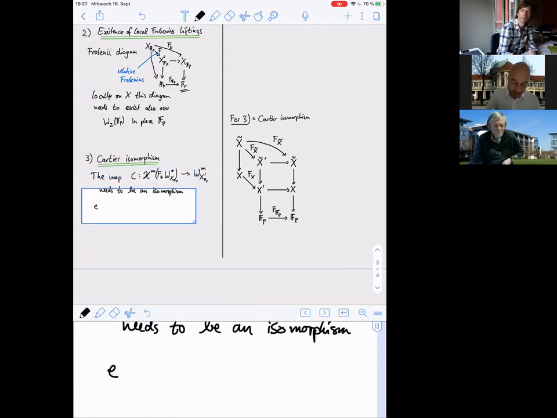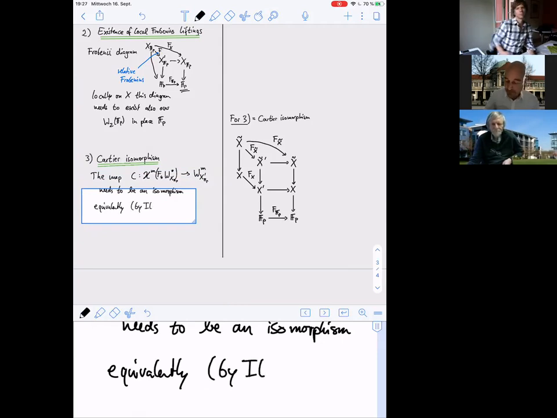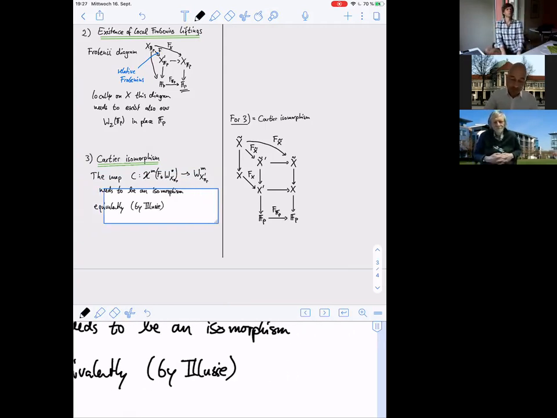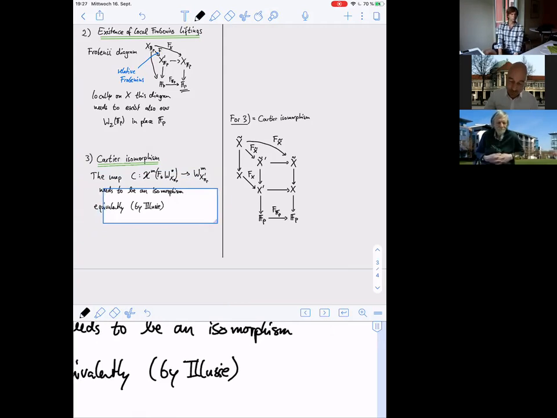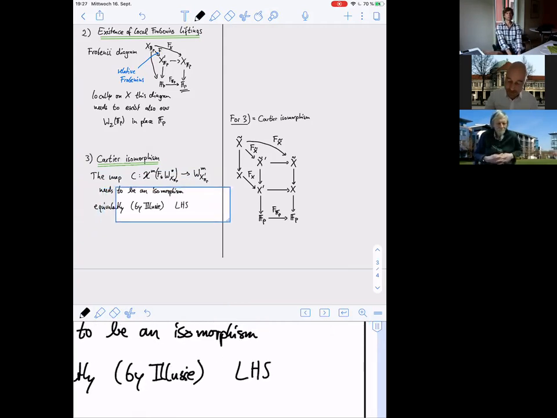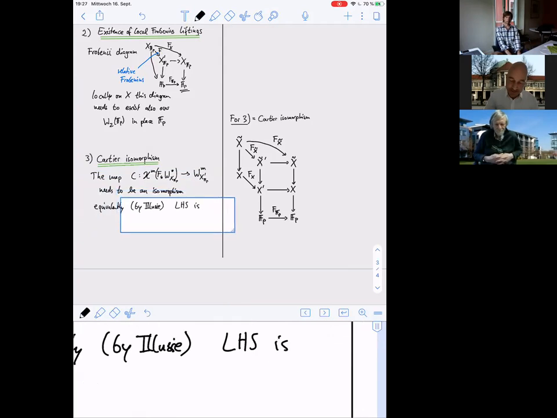And equivalently, by what Illusie and people already proved, it's enough to show that the left-hand side upstairs is Z-closed.